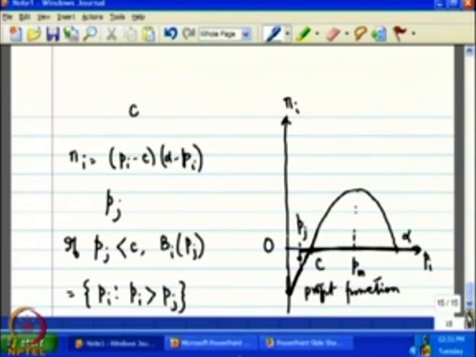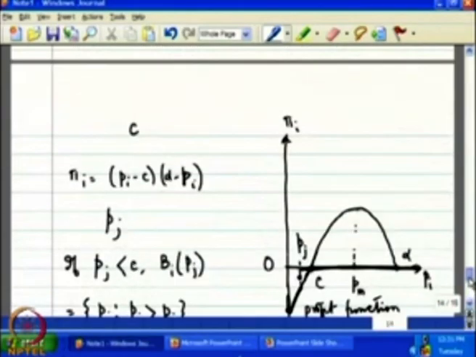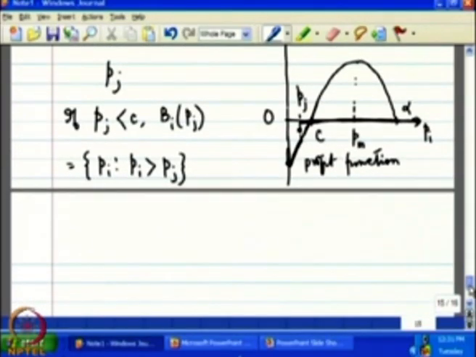So, this is what I can infer from this diagram and our argument, that if he is charging a price less than C, I should price my product strictly greater than his price.